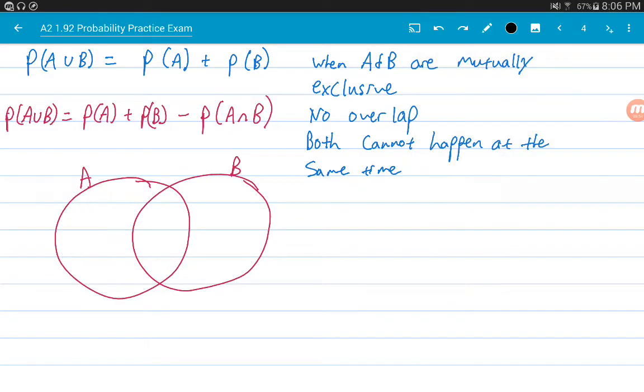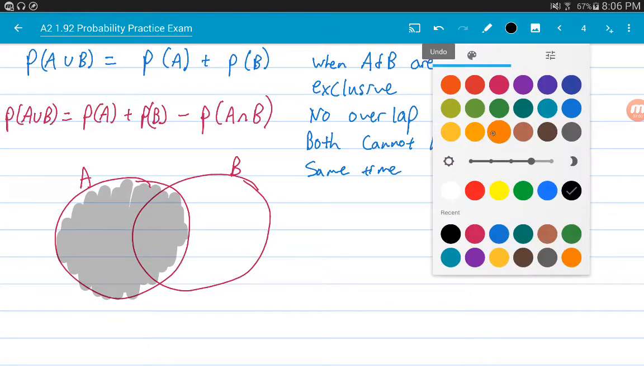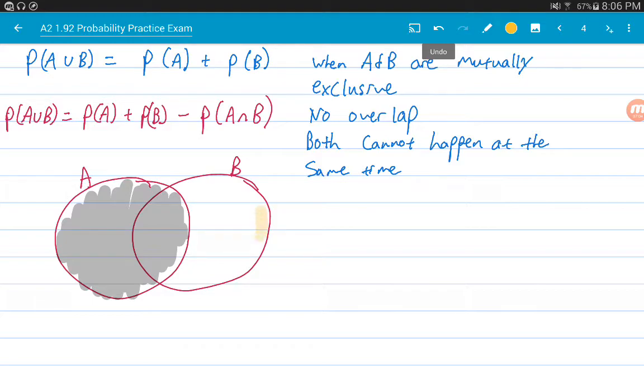I should probably actually use a highlighter because I can. So this is all of the people or all of the probability of event A happening. And I'll use yellow for this one. This is the probability or the number of people in B.